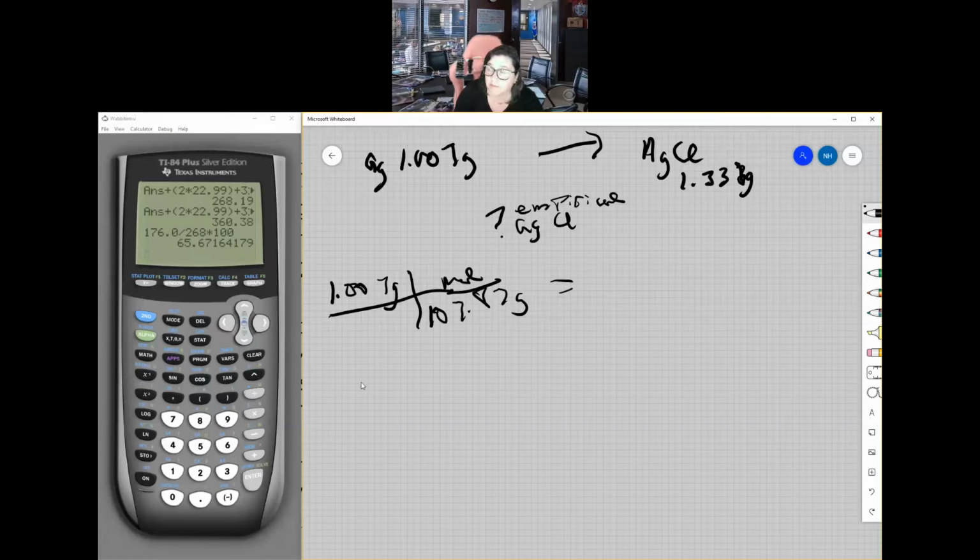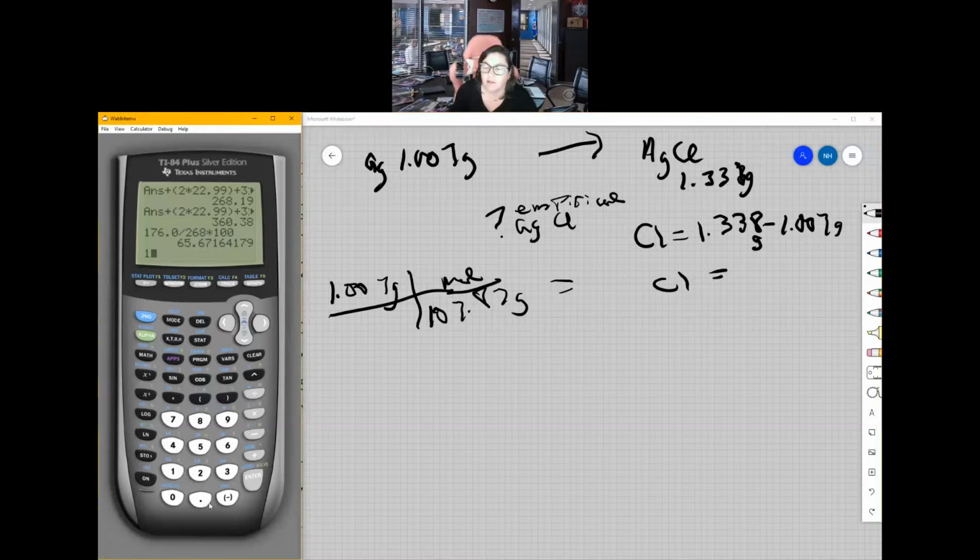I'm going to have to do the same thing for the chloride. But how much chloride do I have? My total mass, 1.338 grams, minus the mass of the silver, will give me the mass of the chloride. And no, I can't do that in my head.